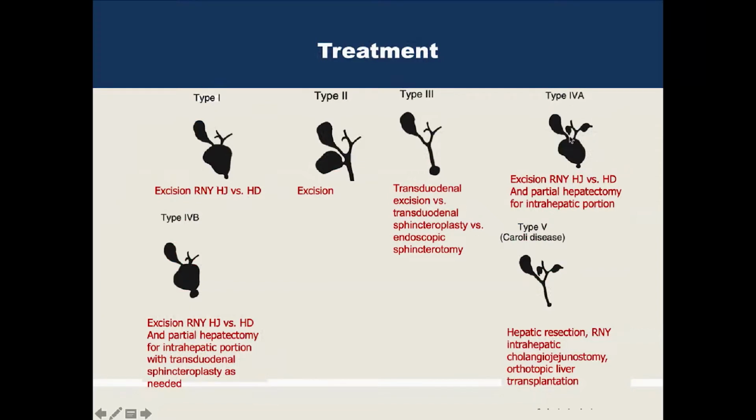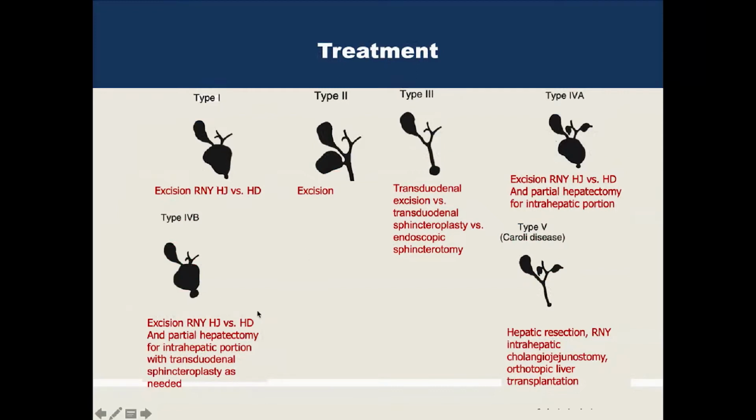Again, in these patients, they can undergo an excision of the entire extrahepatic biliary tree with reconstruction via Roux-en-Y hepaticojejunostomy or hepaticoduodenostomy. And they may need partial hepatectomies for the intrahepatic portion of these cysts.